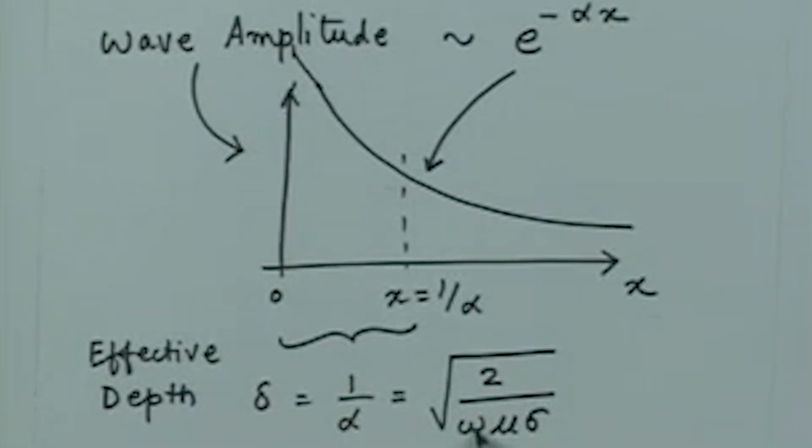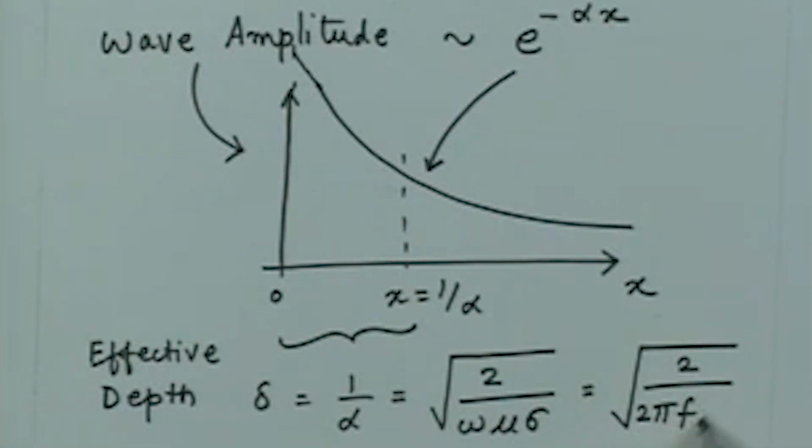If I substitute for omega, which is 2 pi into frequency, that will be equal to square root of 2 upon 2 pi f into mu into sigma. 2 will cancel. So, from here essentially I get square root of 1 upon pi f mu sigma.